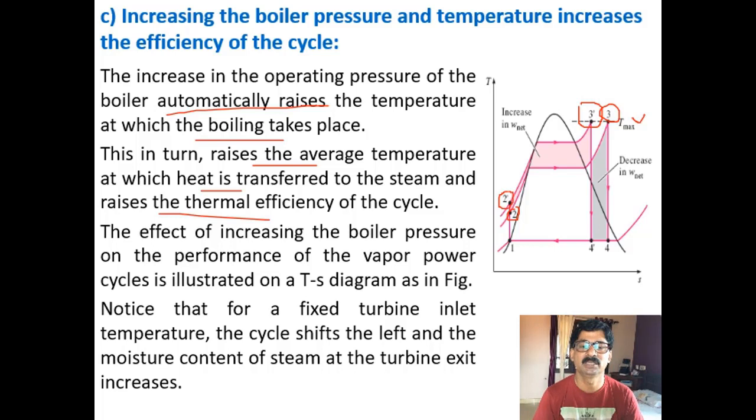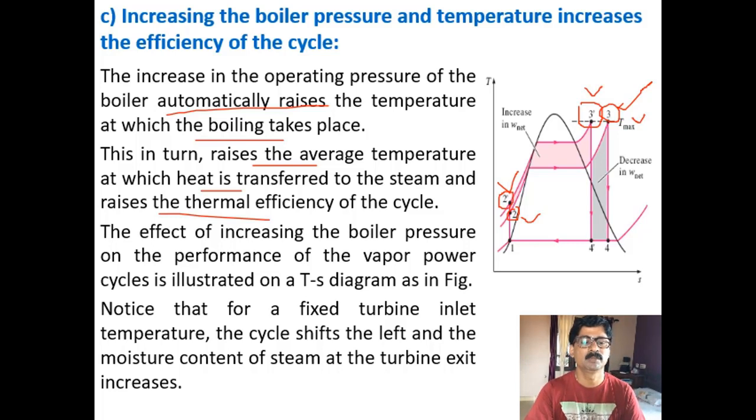The average temperature of heat addition, earlier T2 plus T3 by 2, is now T2 dash plus T3 dash by 2. Here you can see T2 dash is more than T2, so the average temperature of heat addition increases.